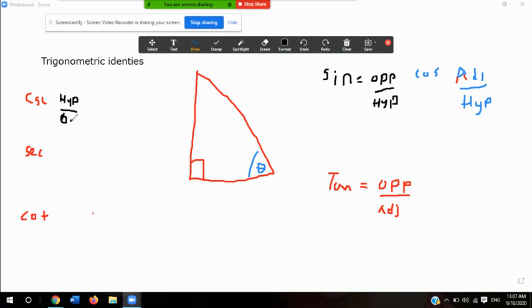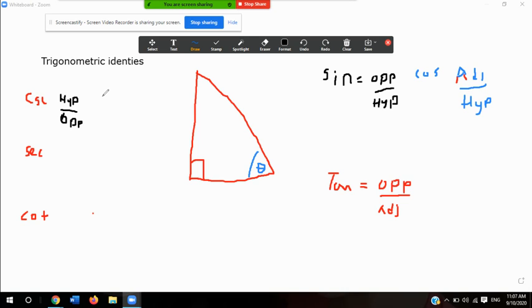Okay, so we know that the cosecant is hypotenuse over the opposite. Now, when I flip a fraction upside down, it's called a reciprocal. So if I have 1/3 and I switch it over to 3/1, it's called a reciprocal. Well, the same is true with these ratios. So I can flip over the sine and write it as hypotenuse over opposite, and that would be the cosecant.